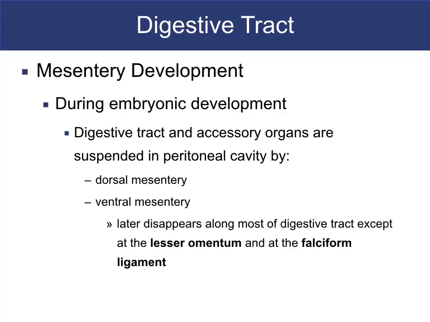We'll talk a little bit about the mesenteric development. I mean, how do these things develop back here? Well, the thing you should know is that at the time of birth, or in the early development, let's draw it the way it should be.